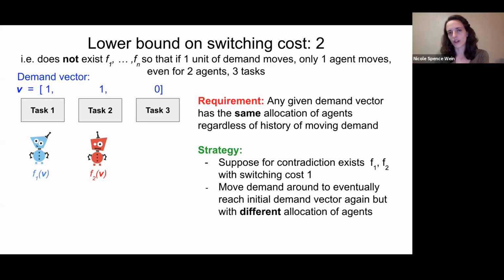But it will have a different allocation of agents, and that will be a contradiction due to the requirement that any demand vector has to have the same allocation of agents regardless of when this happens.